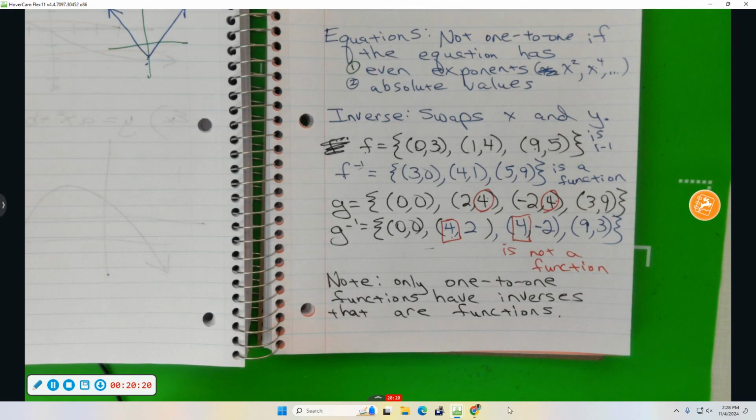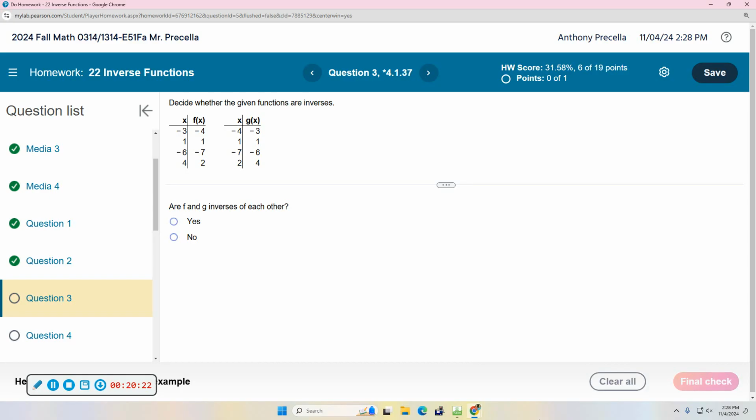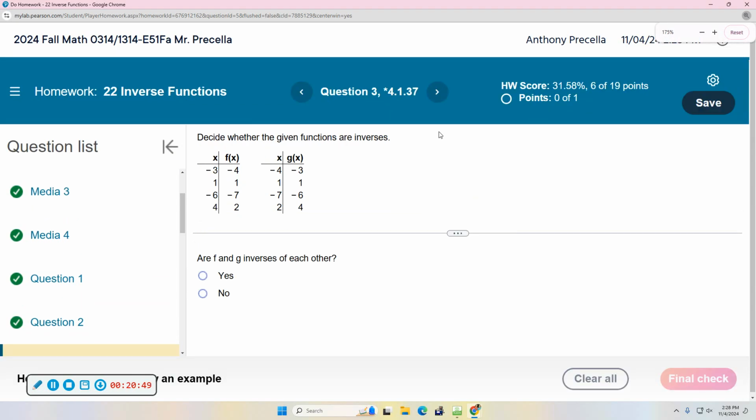Let's look at number 3. Decide whether the given functions are inverses. So this is a pretty quick one. Can y'all see that? Is this print big enough? Let's see if I can make it a little bigger. Oh, there, that's a little bit bigger.